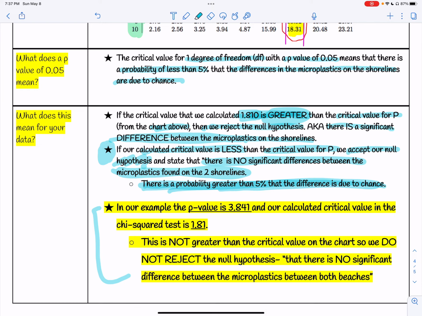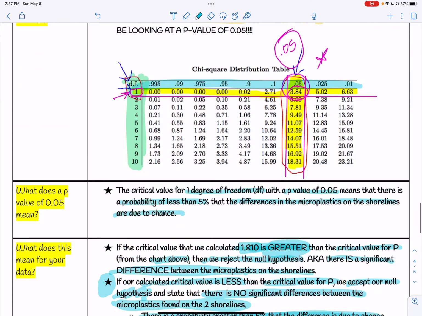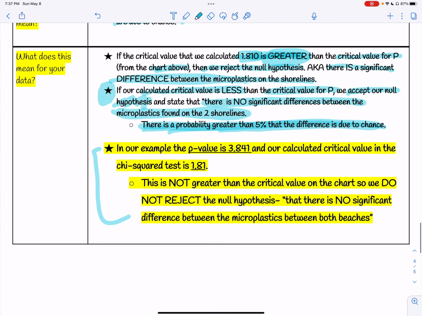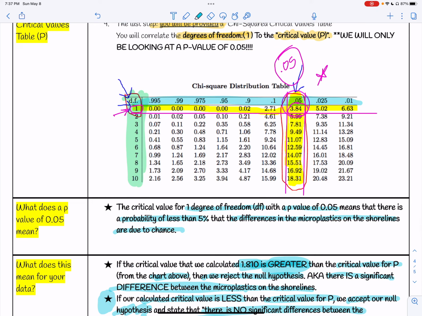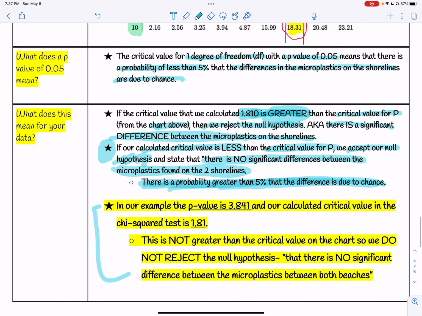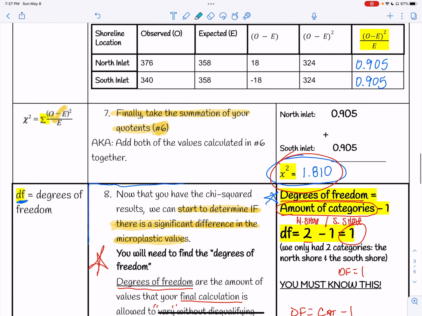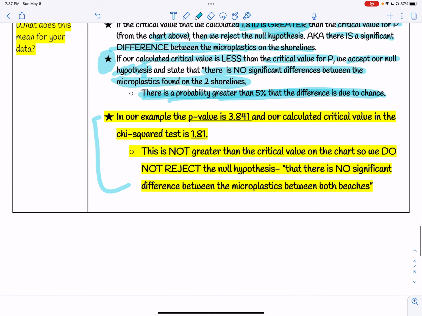In our example, the p-value is 3.841, even though you only see to the hundredths place. The calculated critical value that we did is 1.81, and we did that right here. This is not greater than the critical value on the chart.